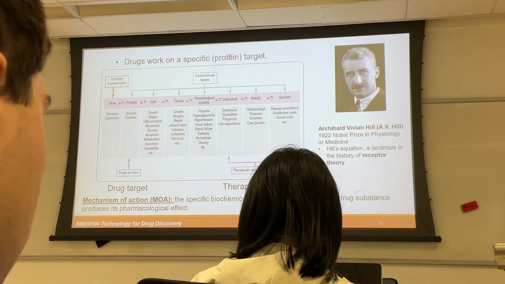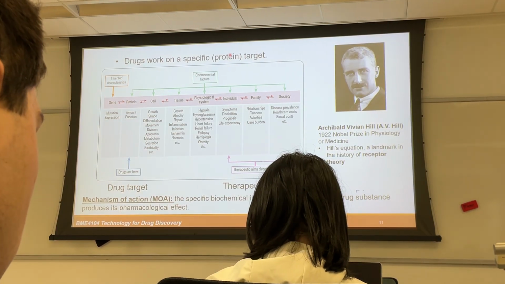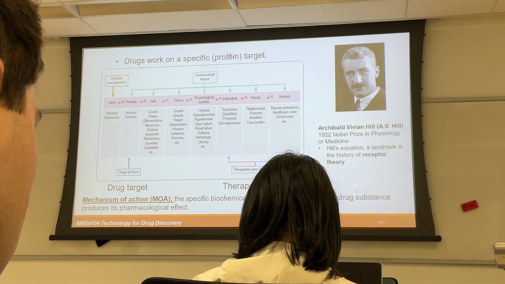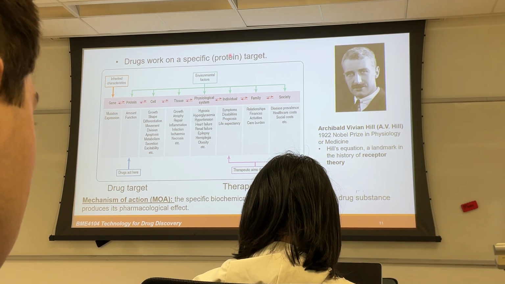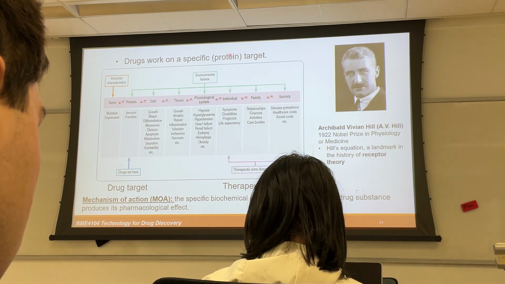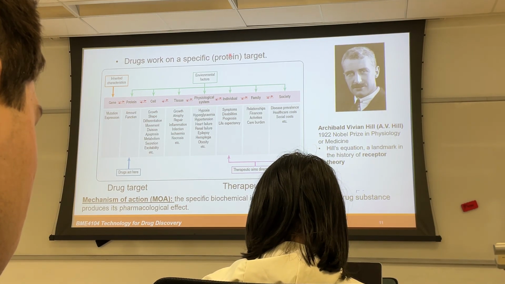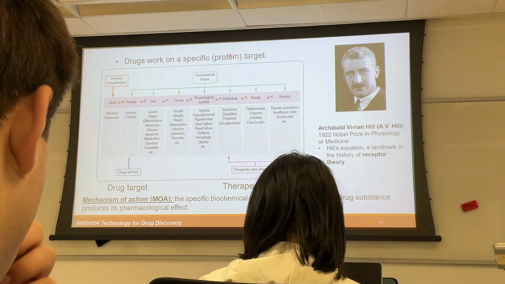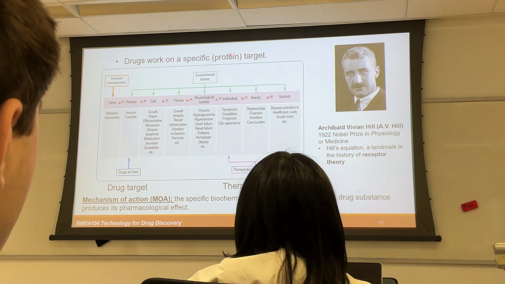This concept may sound very simple and intuitive now, but it took people many years to get to this point, because proteins are hard to study. We humans are composed of cells, and cells are composed of proteins, right? So it's a very modern concept.